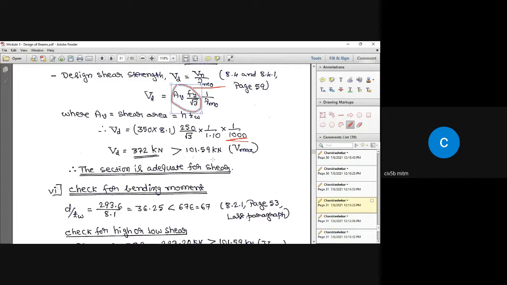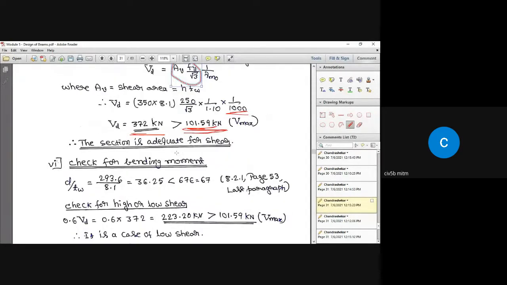This is greater than 101.59 kilonewton, the maximum design shear force to which the section is subjected under external load, and 372 kilonewton is the capacity of this section. So capacity is greater than the shear force to which it is subjected. Obviously, the section is safe or adequate against any shear failure. So this condition is satisfied.